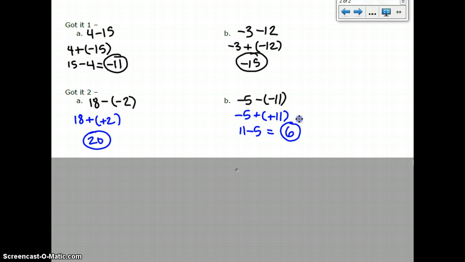For Got It 2, A you should have gotten 20, and Got It 2B is 6.